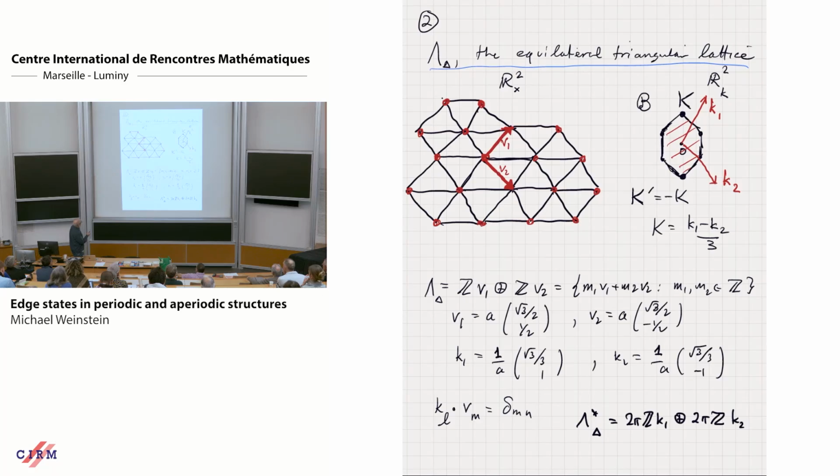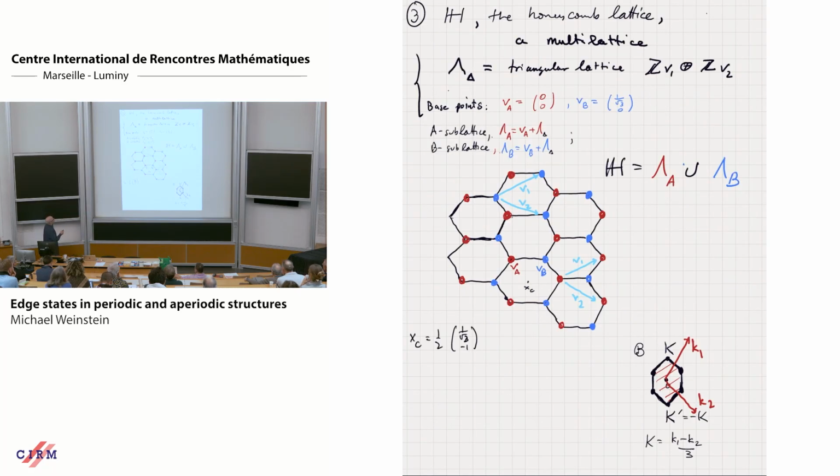Here the basis vectors are V1 and V2, written down here, the dual lattice vectors. The Brillouin zone in this case is a regular hexagon. And I'll call the top point capital K, the bottom point K prime, which is minus K. K1 and K2 are indicated here, the dual basis. Okay.